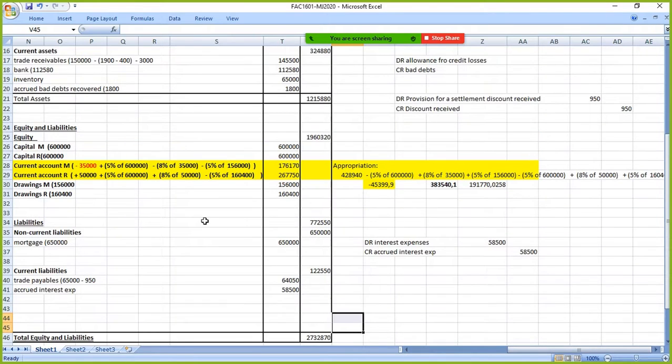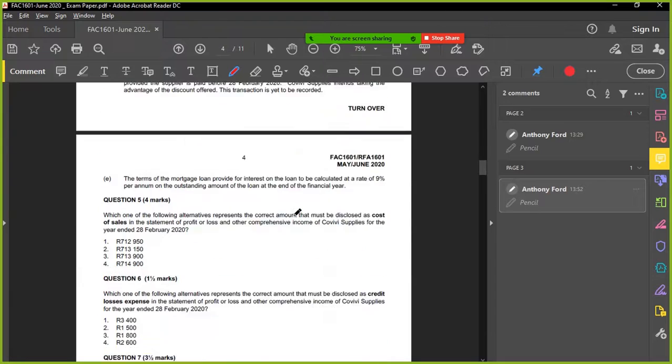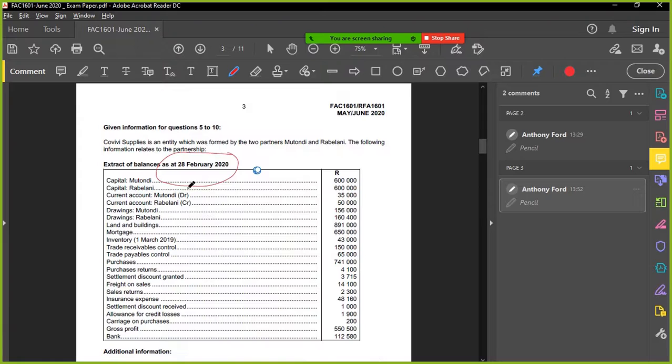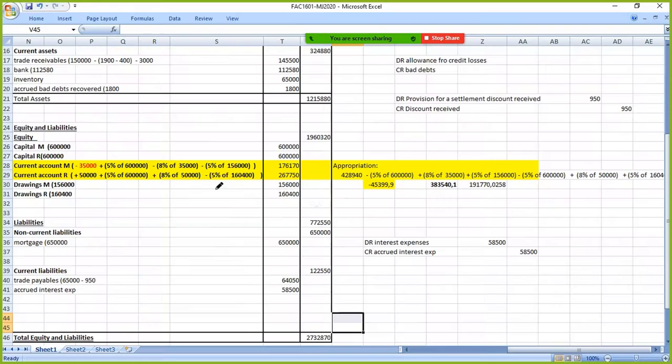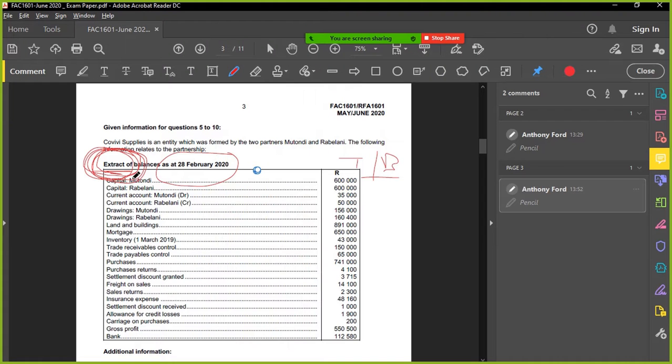Okay, so it's not balancing. It might be because this is just an extract, so you don't have enough information. What did they say here? Yeah, it's an extract. So obviously it's not going to balance, so don't worry about that. If it was a trial balance, then it would balance, and you could see the same thing here. Obviously I know that this is not going to work because I can see the amounts are off. I checked it. It is an extract, so there is missing information here.